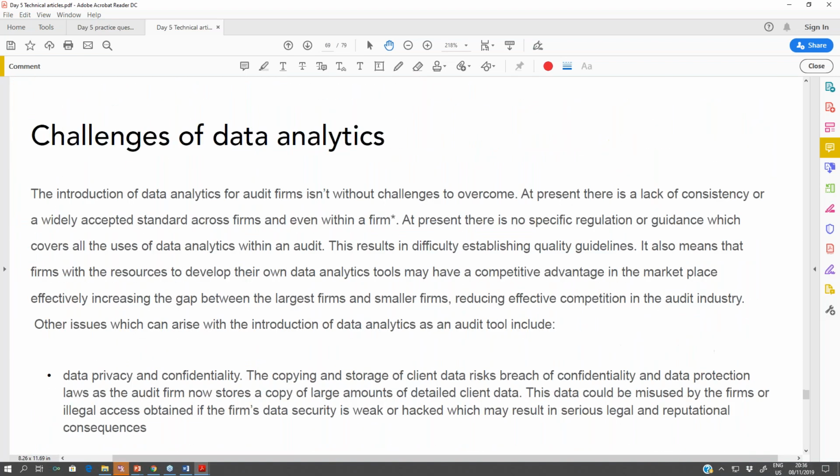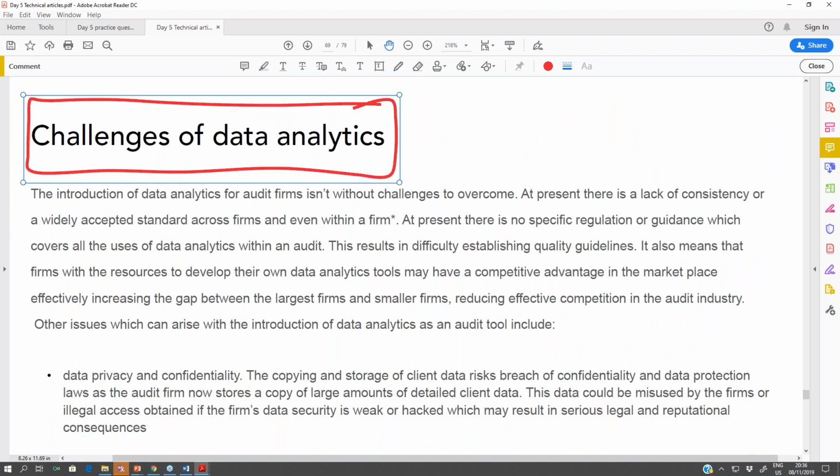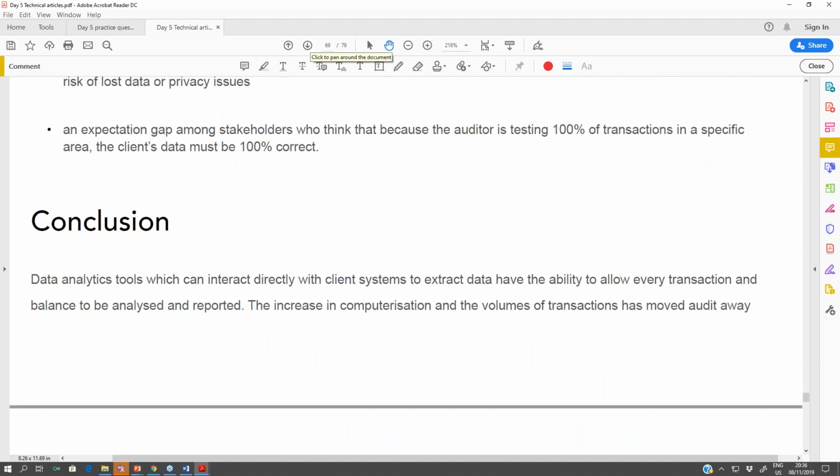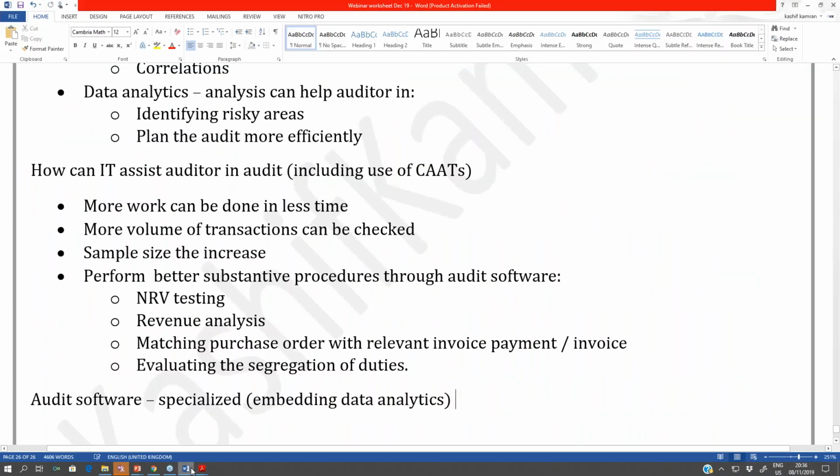Challenges of data analytics. What are some of the challenges the audit firms can face using data analytics? That's another heading. And that ends the article. So where is the focal part of the article? Where is the article trying to focus?